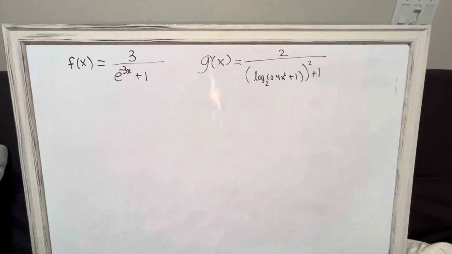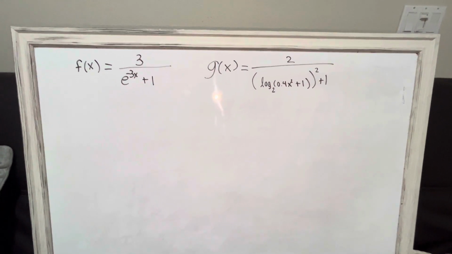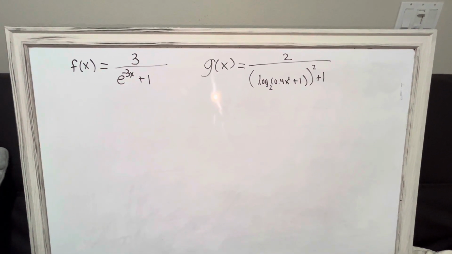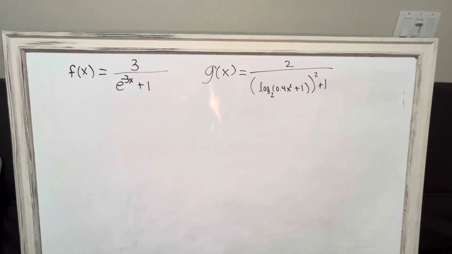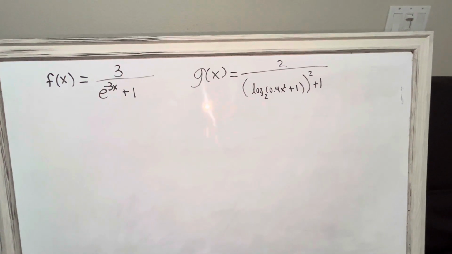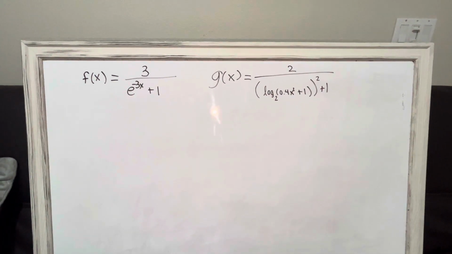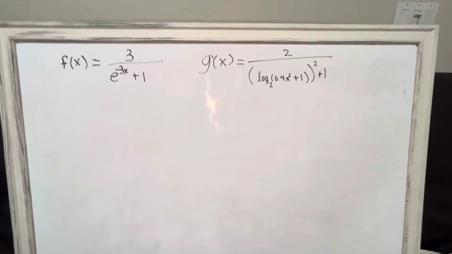The functions f and g are given by f of x equals 3 over e to the power of negative 3x plus 1, and g of x equals 2 over log base 2 of 0.4x squared plus 1, all of that squared plus 1.